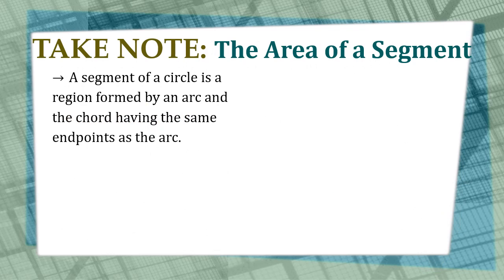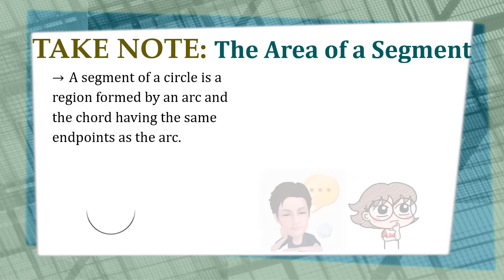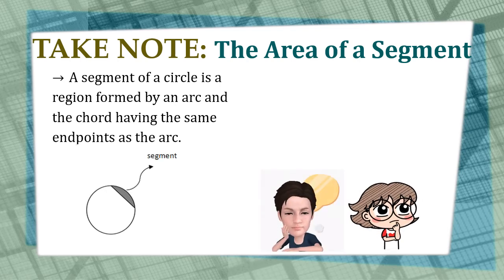Next, let us talk about the area of a segment of the given circle. First, let us define what is a segment of a circle. It is a region formed by an arc and the chord having the same endpoints as the arc. As you can see in our illustration, this shaded part here in our figure is considered the area of the segment.